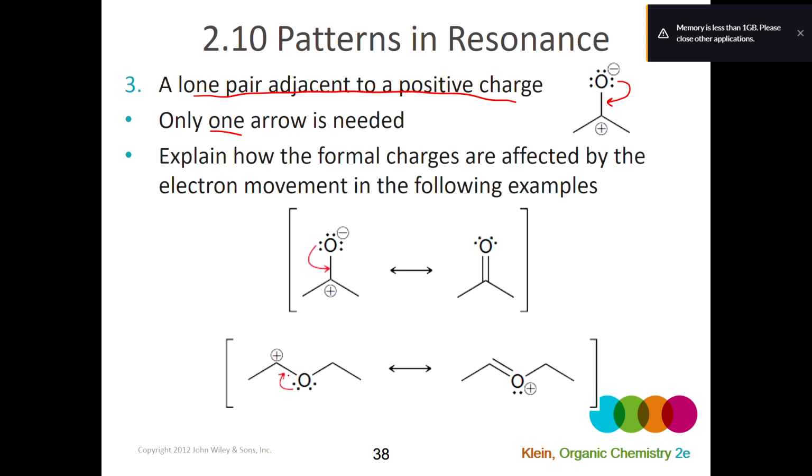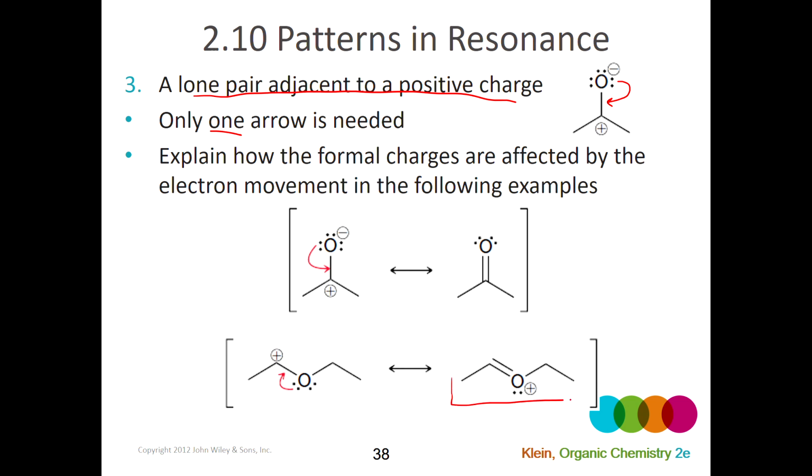So I can do the same thing here. When I move the electrons in here, I'll form a positive on the oxygen. So in this case, this structure is more stable than this one because it has complete noble gas configurations for all the atoms, whereas over here, this carbon doesn't have a complete noble gas configuration. So that's why this is the major contributor. But the average or hybrid would look like both.